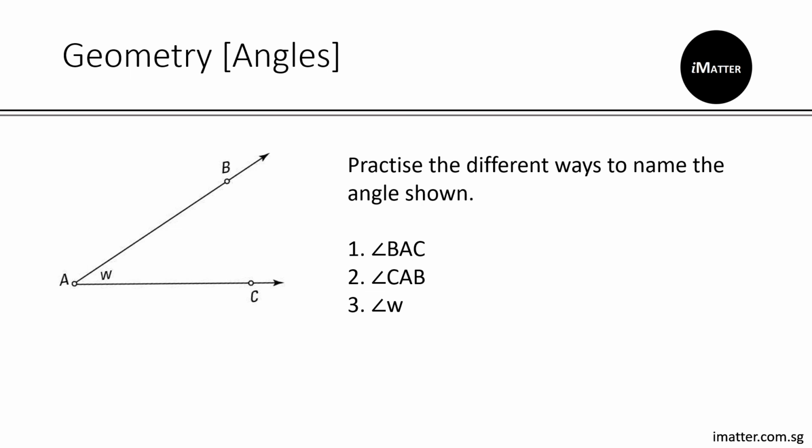If the letter W was not there, you can only name the angle shown in two ways, which is angle BAC and CAB, and not angle W. Only if there is another letter in smaller case can you use angle W as a way to name the angle that you are interested in.